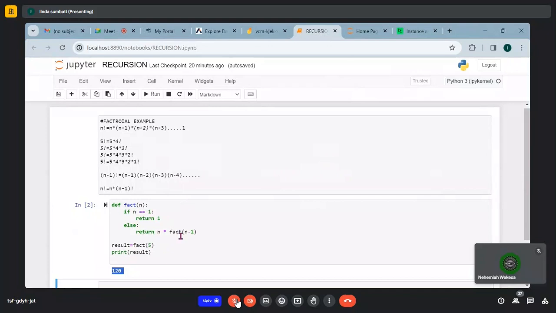So this part will be 1, then here will be 2. So it gives you 2 times 1, that is 2. Then it goes back to factorial 3. So 3 is multiplied by factorial 2, and you already have factorial 2 is 2. So it multiplies 3, which is the n, times the factorial of 2. Then it goes back to 4. You see, it's doing it recursively.